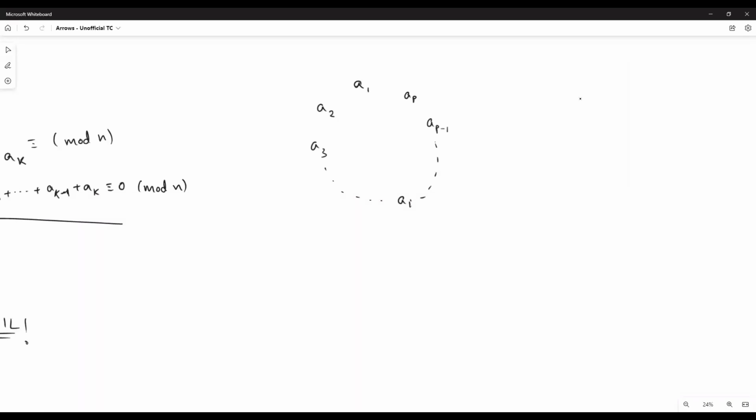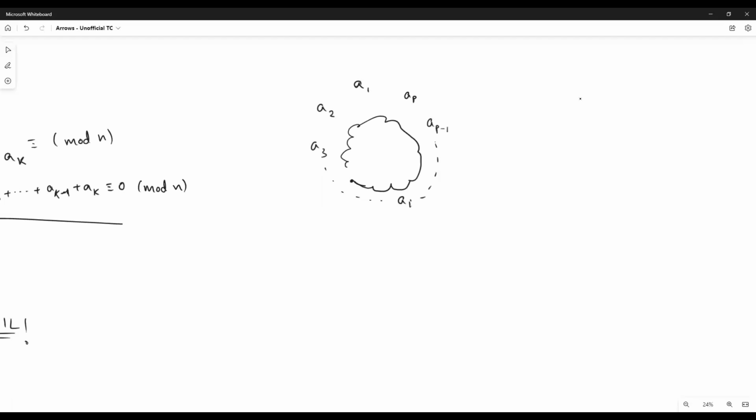So the objective is to show that there exists an index such that this thing, plus its first neighbor, this thing plus its first two neighbors, plus its first three neighbors, and so on, till this thing plus all of the other things.